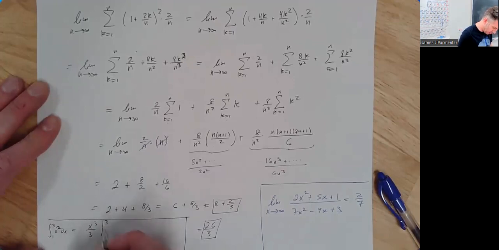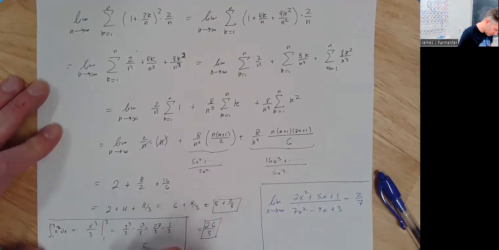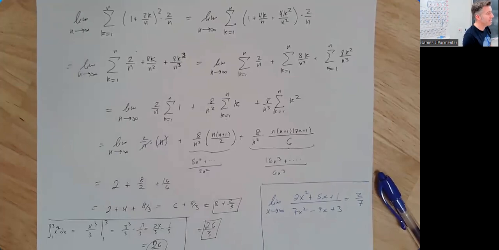And then if you plug in the endpoints, the top one first, you get 3 cubed over 3 minus 1 cubed over 3, which is 27/3 minus 1/3, which is 26/3. Oh, it's the same. So that's kind of the idea, is that this whole terrible process, eventually we're going to see that you can do this much nicer fundamental theorem of calculus thing to calculate this.